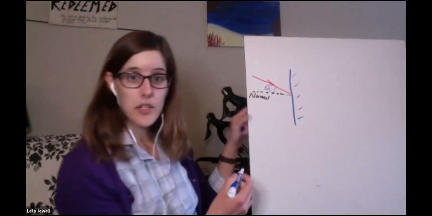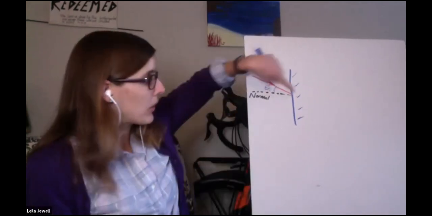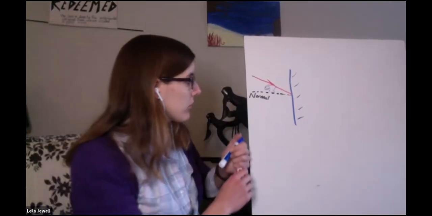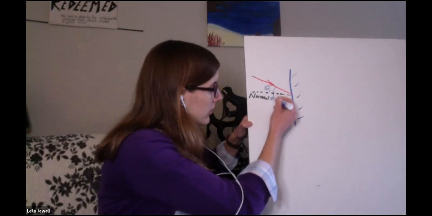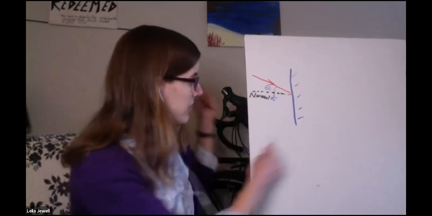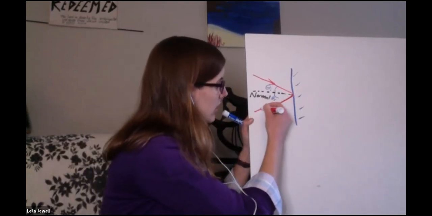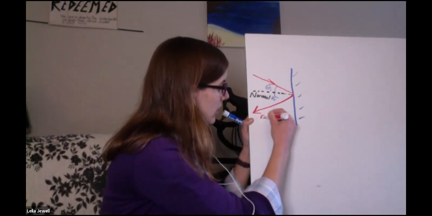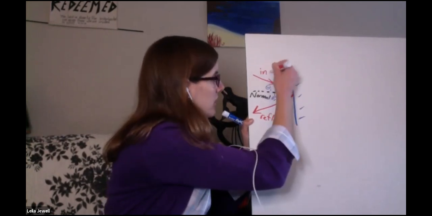So that's our theta sub I. And then we know that the reflected light, the light that bounces off the mirror, is going to reflect outward at the same angle. We could call theta sub R. Sorry, that's really small, but I promise it's the same as what's in the slide. That's the reflected versus the incident.